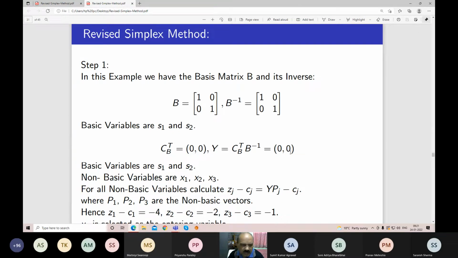Now the basic variables are S1, S2, and the non-basic variables are X1, X2, X3.